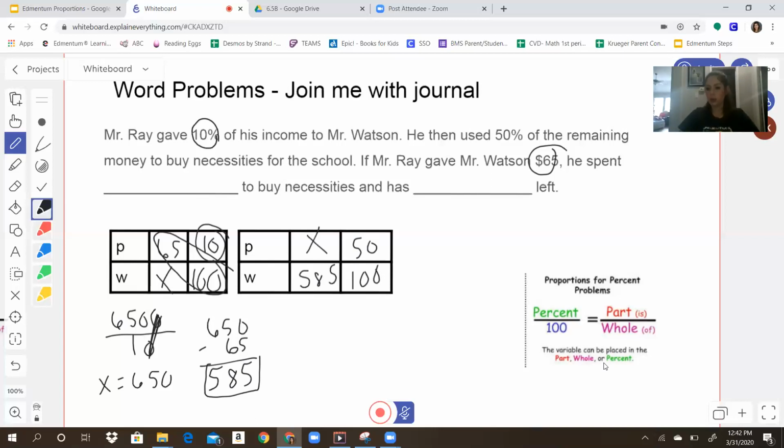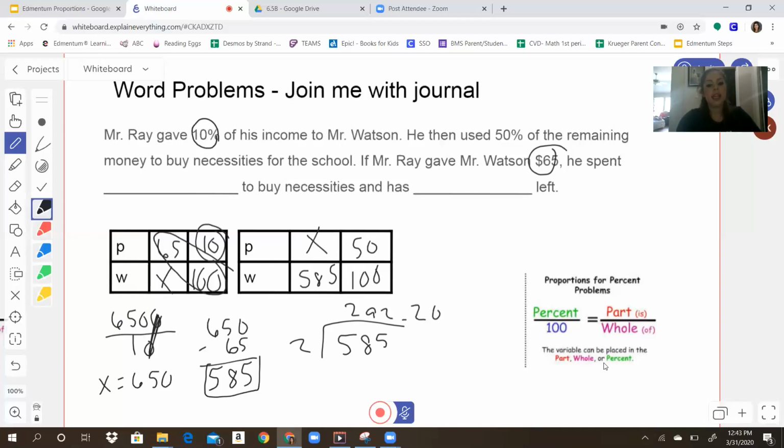So we want to know how much he's paying for school necessities. So I like 50% because I really don't need a percent proportion. I can just cut my number in half, divide it by 2. But if you need a percent proportion to break it down for you, that's fine. But at this point, I personally, 50% is to cut it in half, and I know this would be $292.20.